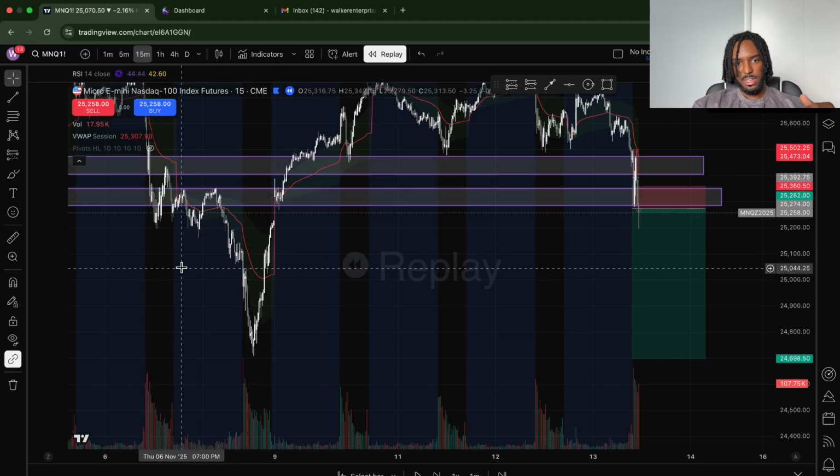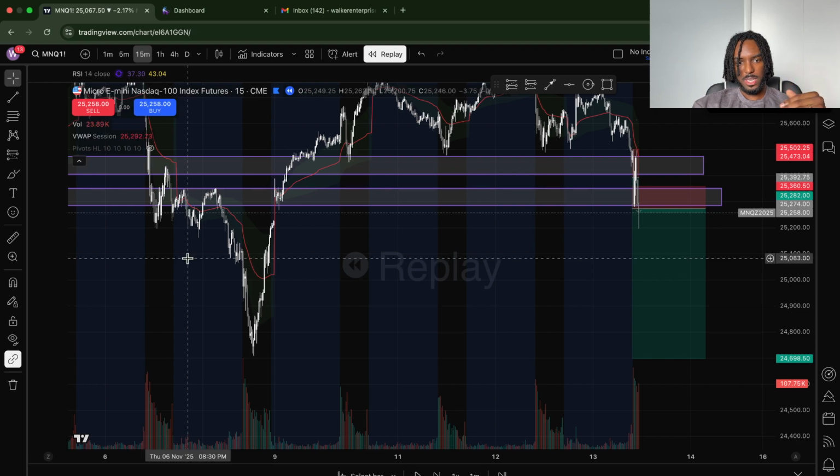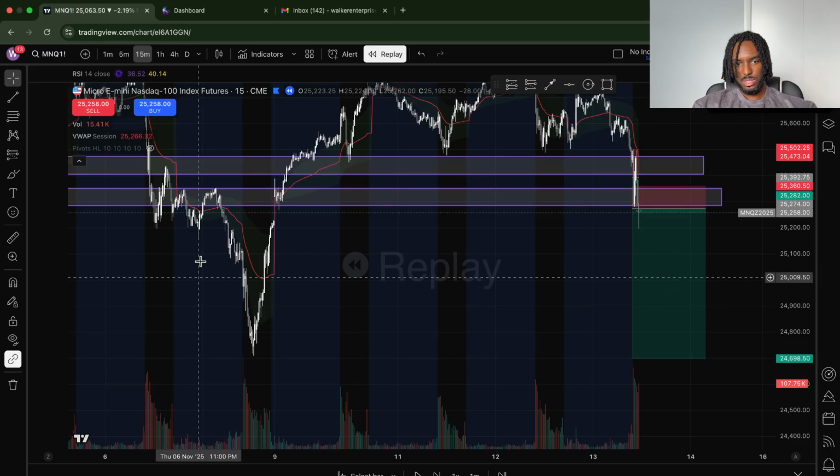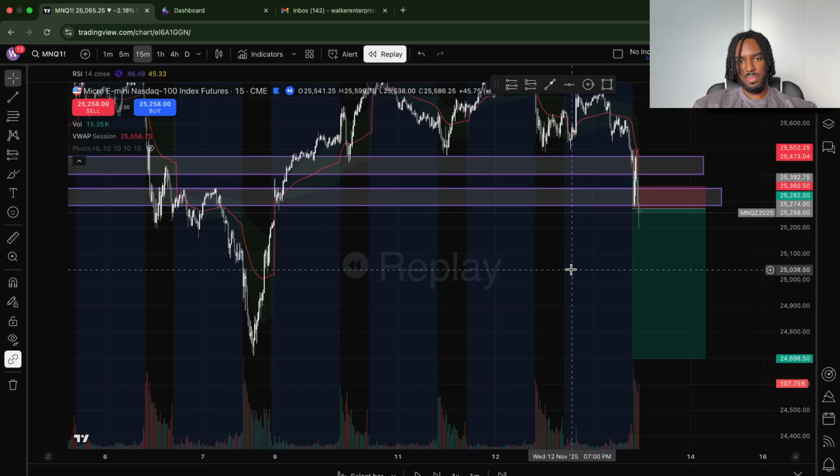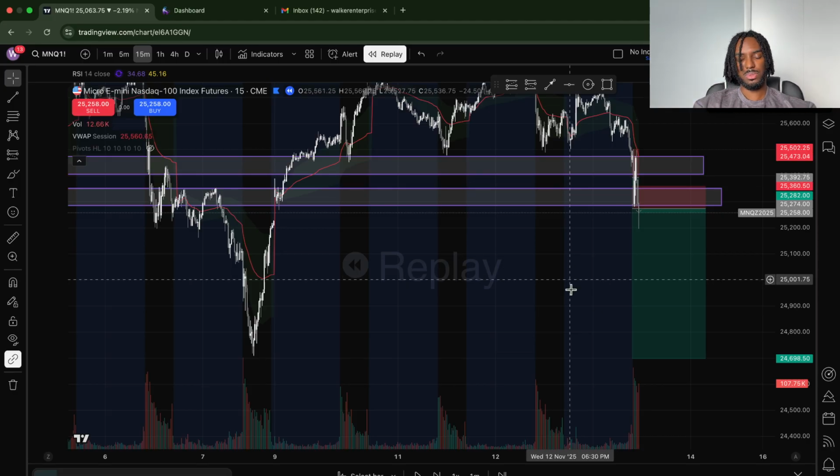And then the next level would be this pivot low, another take profit level, and after that you could just go for the flush run home because there's no other pivot levels here. So it's just above pivot lows and below pivot lows and above pivot highs. That's really just as simple as it gets.